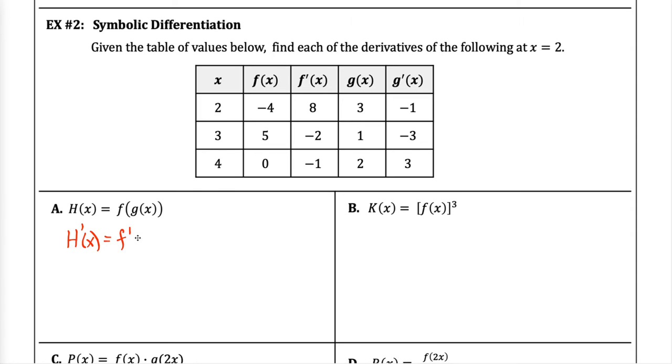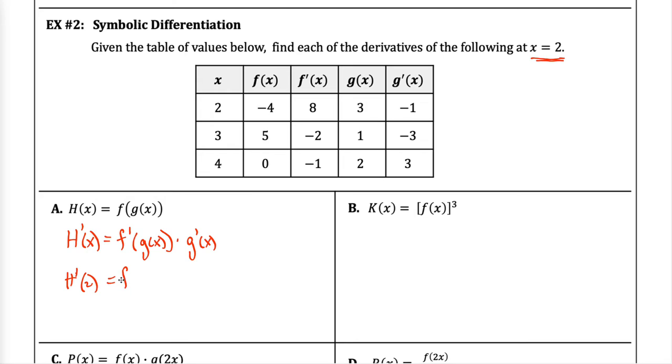Can I pause you for a second because I'm writing really slow? You're absolutely correct. So we're supposed to be finding all of them at x equals 2. So start over again. So g of x is what we need to put in for f prime.